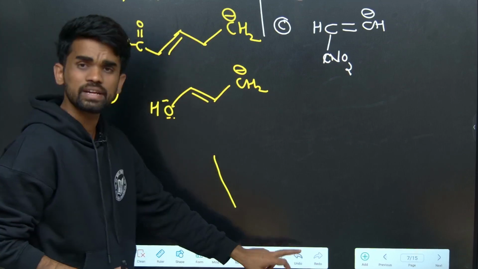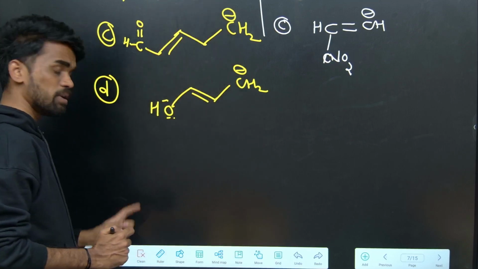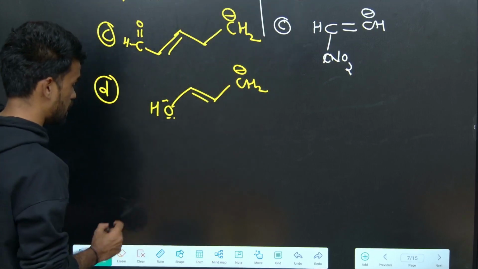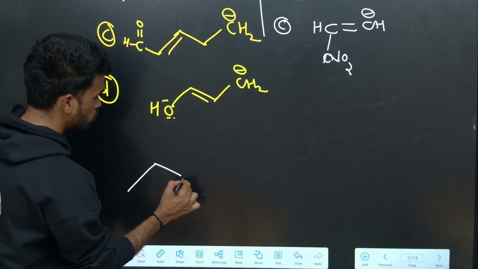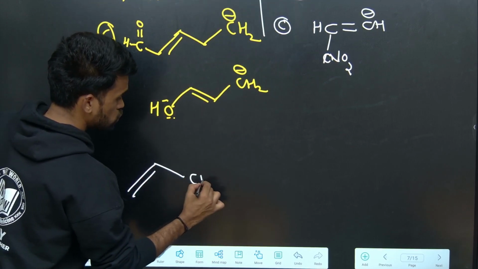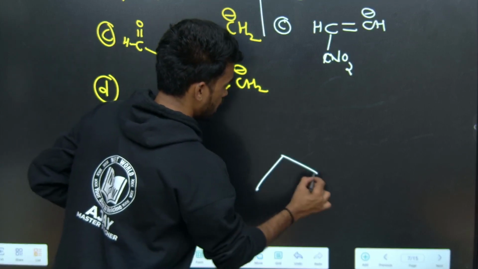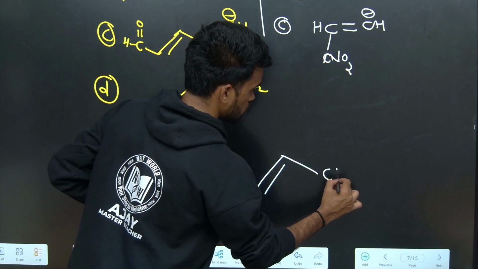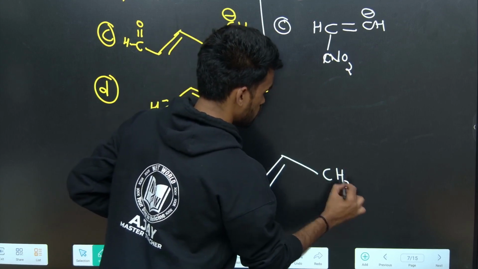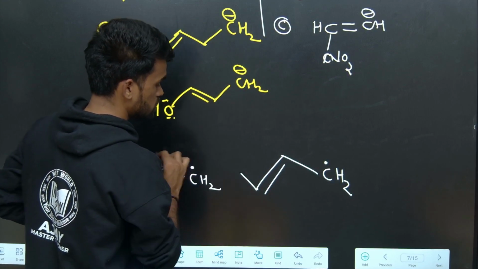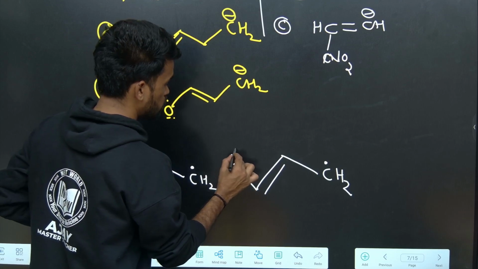See, the stability of free radicals is also similar to the stability of carbocations, the same factors decide the stability order. For example, here I have a CH2 free radical like this, an allylic free radical, and I have a free radical like this, but at this position I have an aldehyde group.